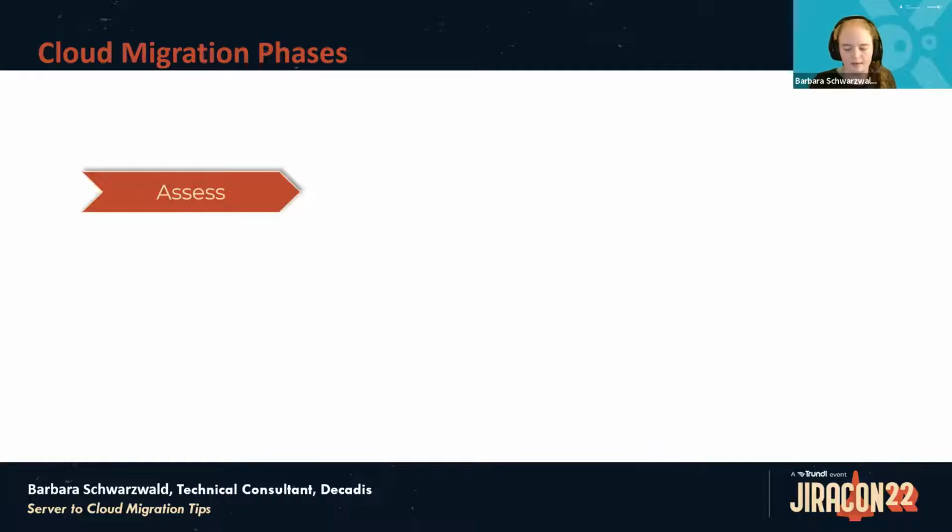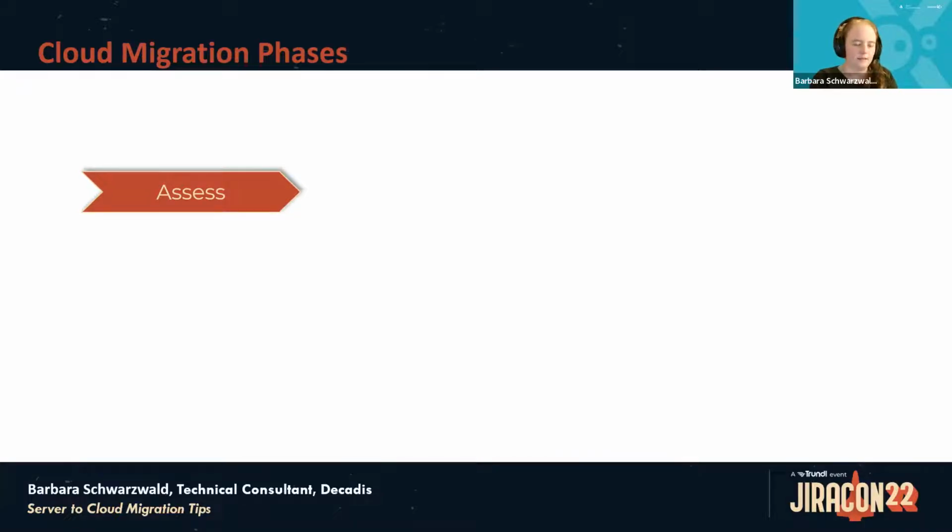The very first thing you will probably do in a cloud migration project, before you do anything else, is to assess, which basically means that you take a very good look at your instance and everything you have there. So how many projects you have and how they're organized, how many users you have and how you have your user management organized, what apps you have, and how your usage of your apps is.